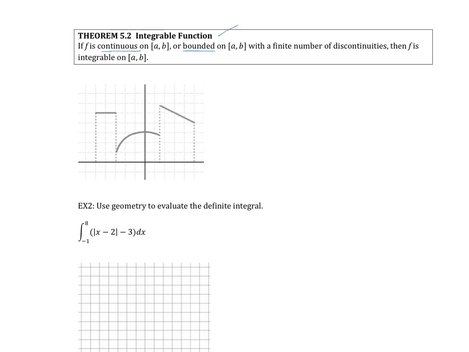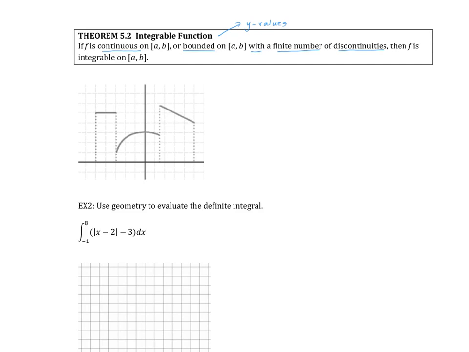And when we say bounded, we're talking about the y values. We want to make sure our y values do not go off to negative or positive infinity, so no vertical asymptote. So either your function has to be continuous or bounded with a finite number of discontinuities.